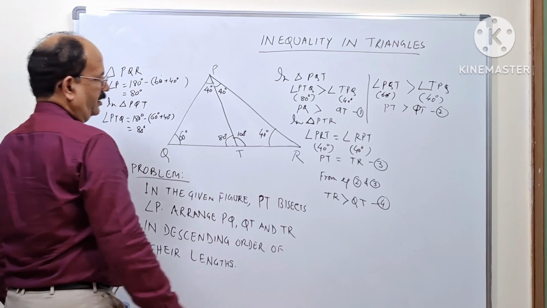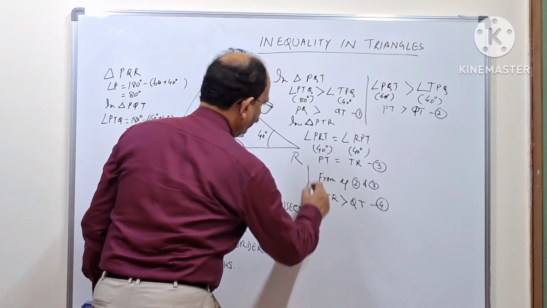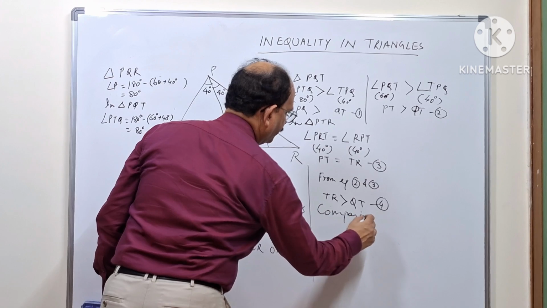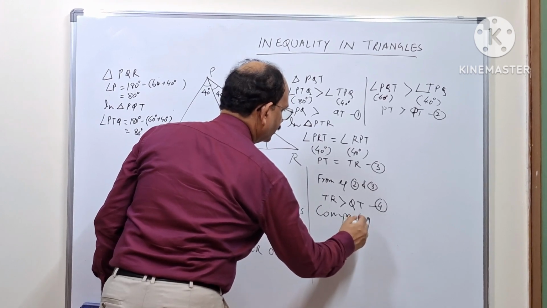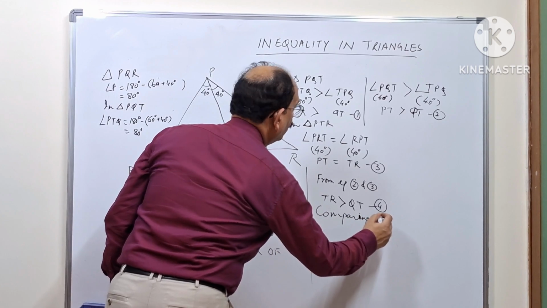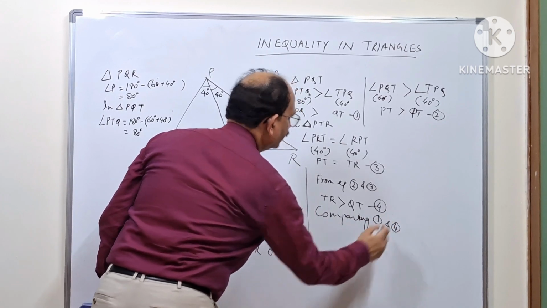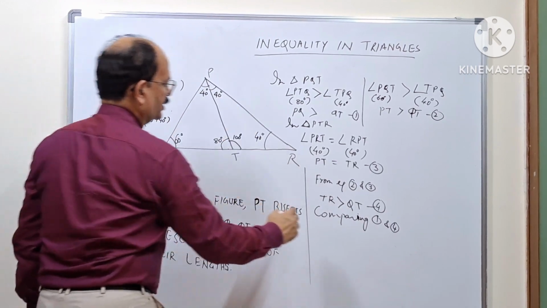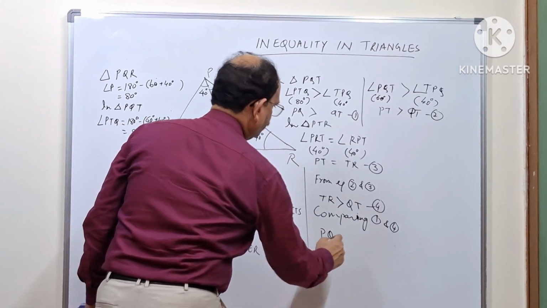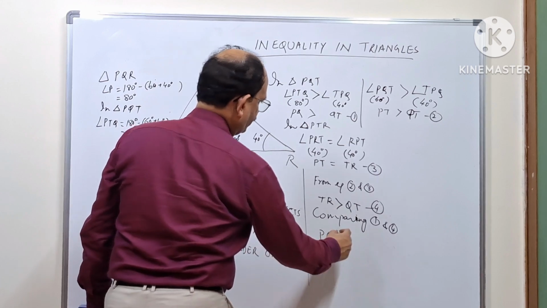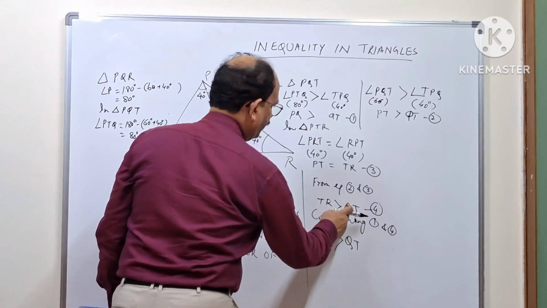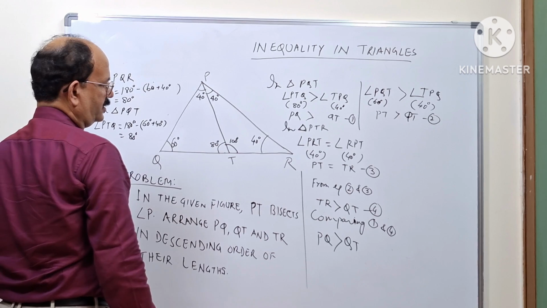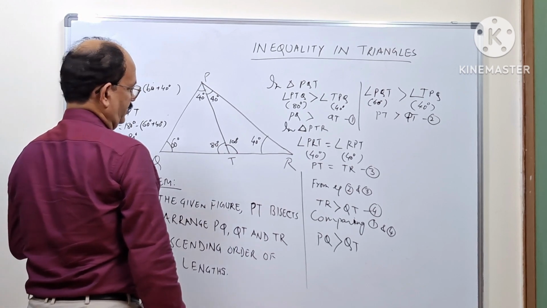Now if you compare equations 1 and 4, from that we get PQ is greater than QT, and from here we find that TR is greater than QT.